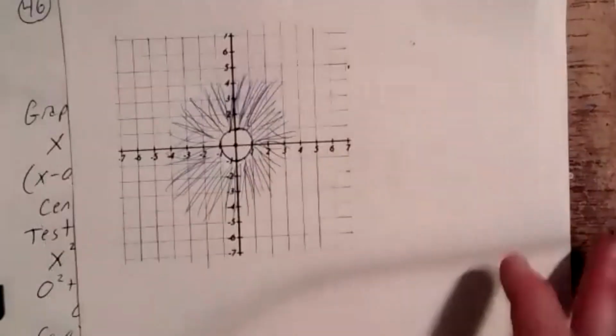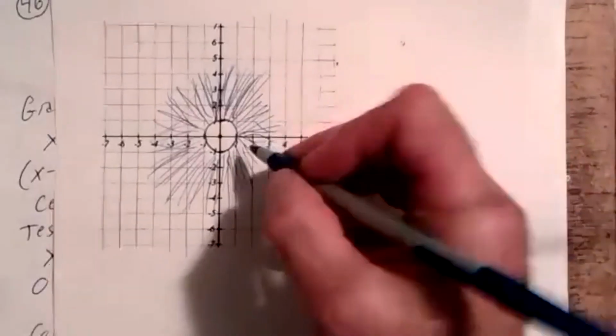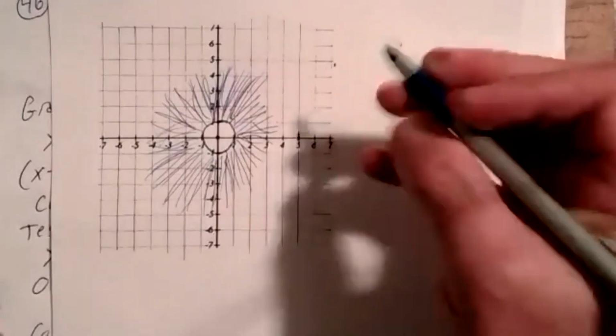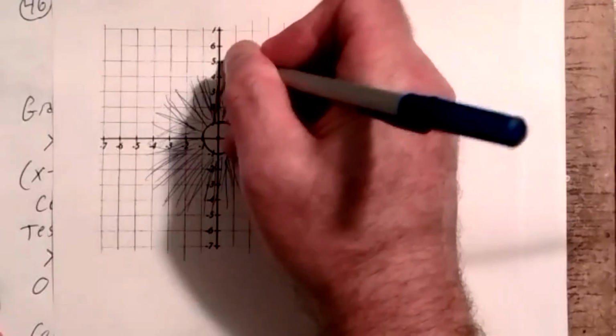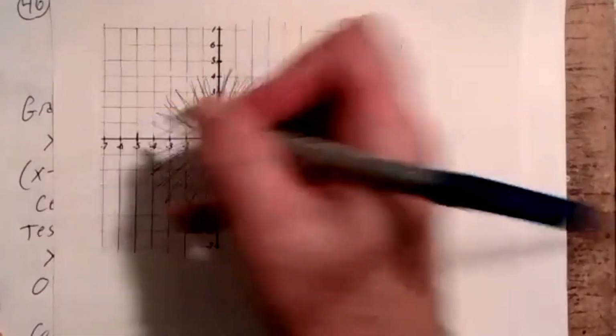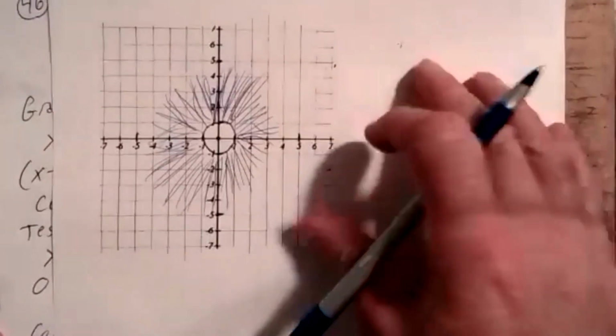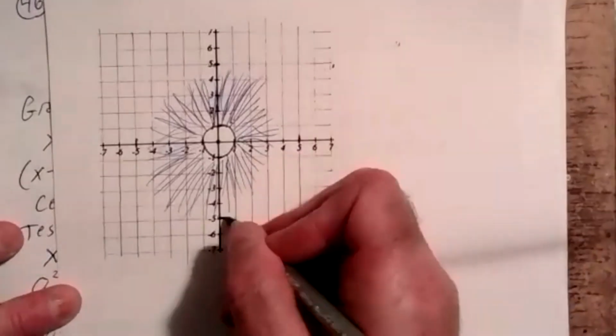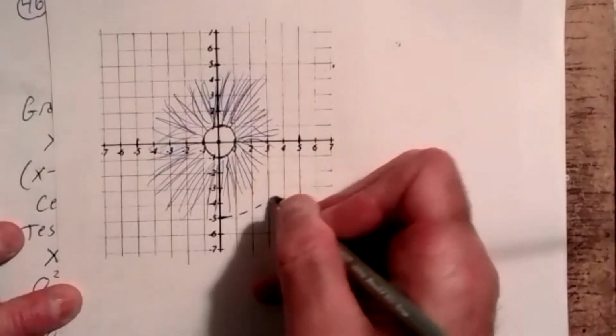So going back to our graphing paper, a circle centered at the origin, radius of 5. We're going to have a point on our circle at 5, 0, a point at 0, 5, a point at negative 5, 0, and a point at 0, negative 5. Let's put a dashed curve to denote this circle here. Just do the best you can in graphing this thing.